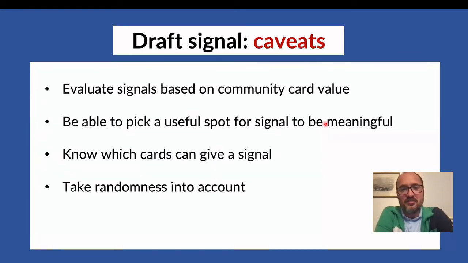So if you see something at pick 5, well, maybe there were 3 rares or 3 mythics, even a very strong uncommon, another strong uncommon, and all of a sudden your top tier common becomes like the 6th best card in the pack. It will not happen often, but it will happen. So take into account that maybe the signal that you're reading into can be random.